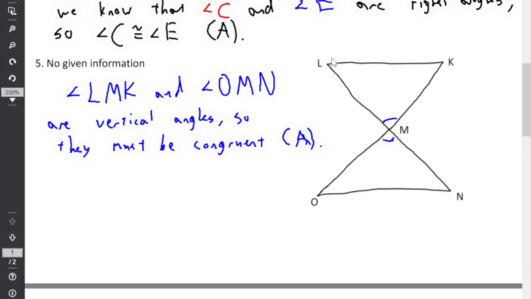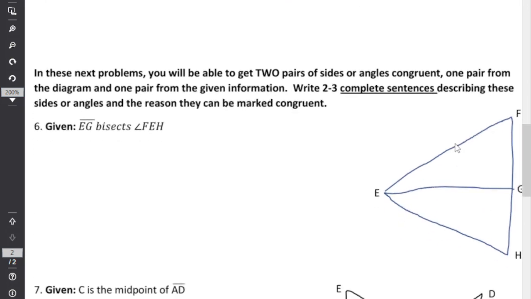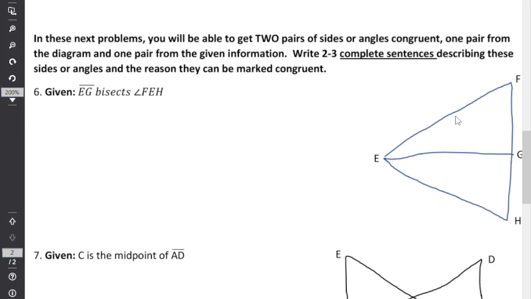So just to very briefly run down the rest of the directions. You should have a pair of sides or a pair of angles that you can get from the information. Put to the back. On the back, we're ramping it up a little bit. This time, you should be able to get two pieces of information. One from the given information. For example, on this one, it says EG bisects angle FEH.